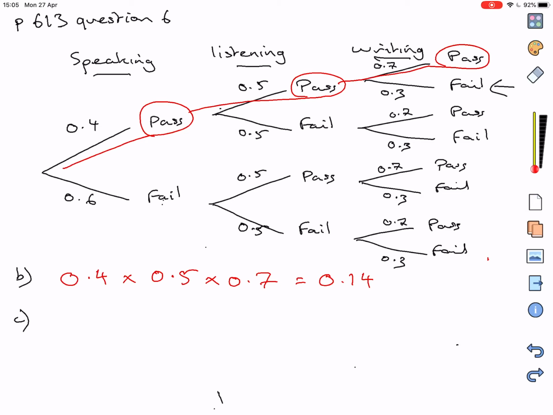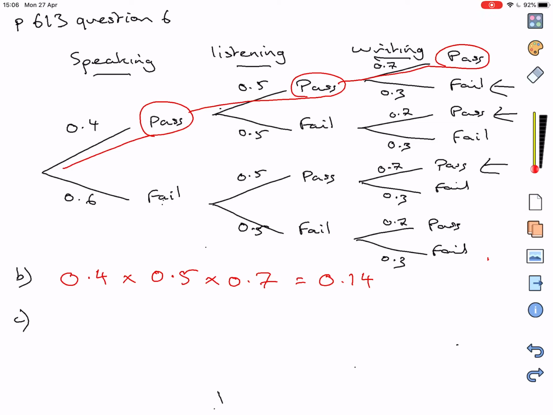He could pass speaking, fail listening, but pass writing. Or he could fail speaking, pass listening, and pass writing. Any other route you can go through the tree and he'll have more than 1 failure. So we need these 3 route probabilities.